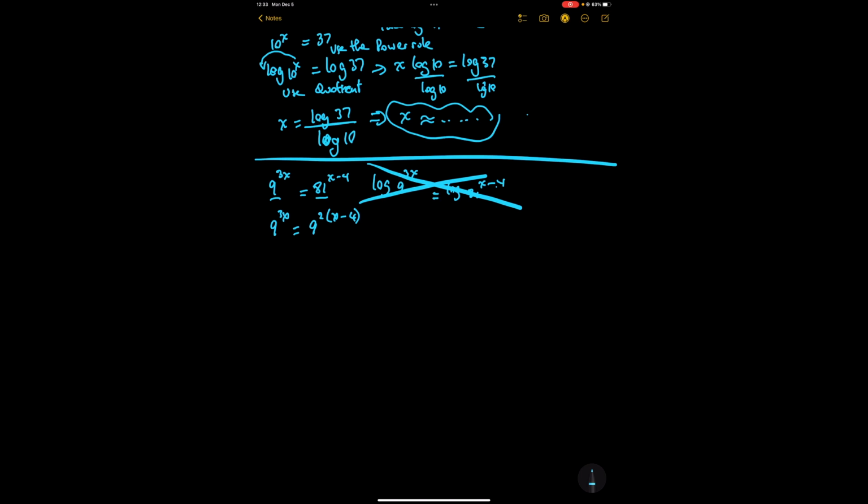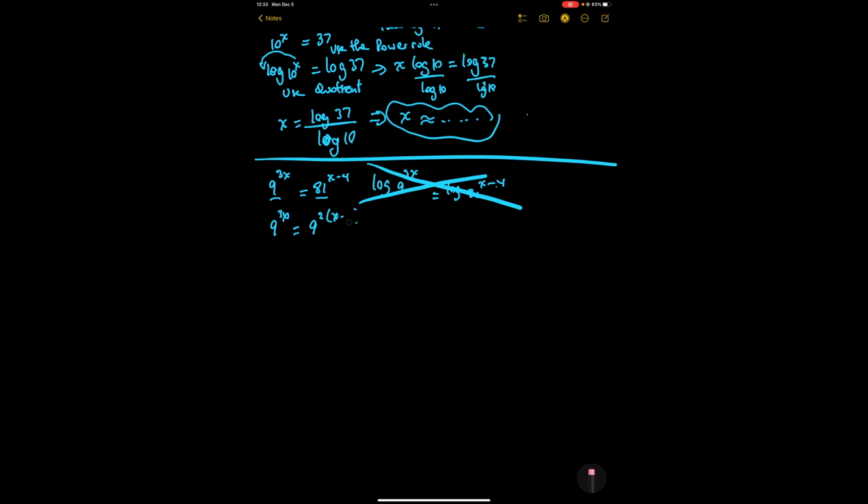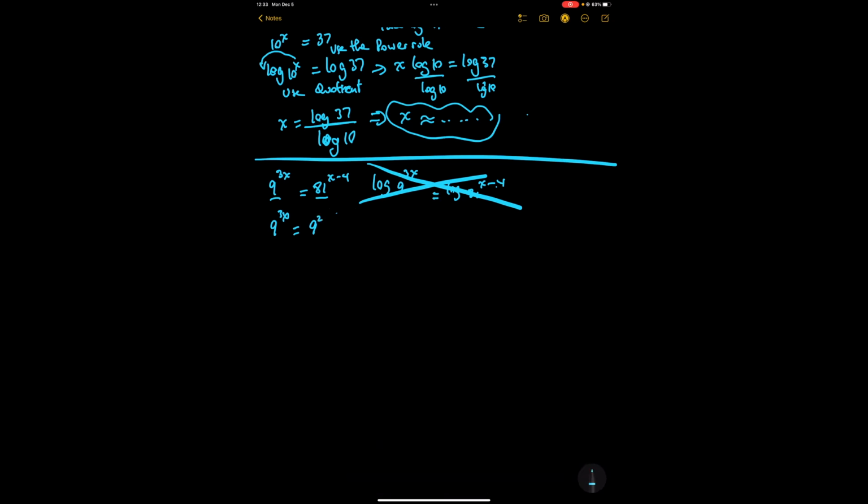Let me write it the way the book would write it: 81 is 9 squared, and then we have x minus 4.